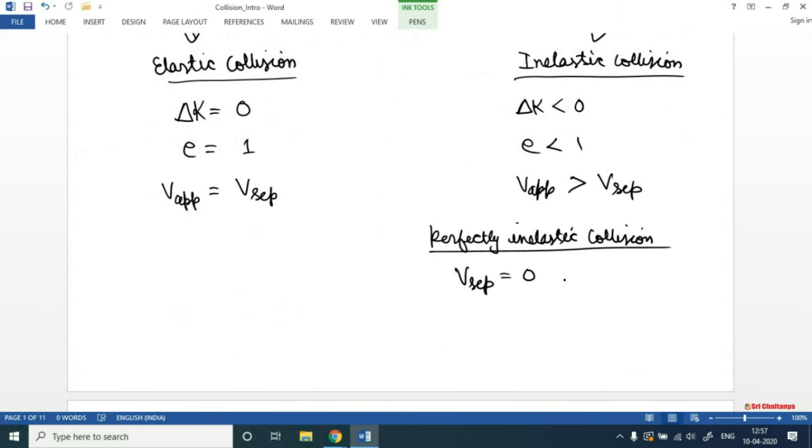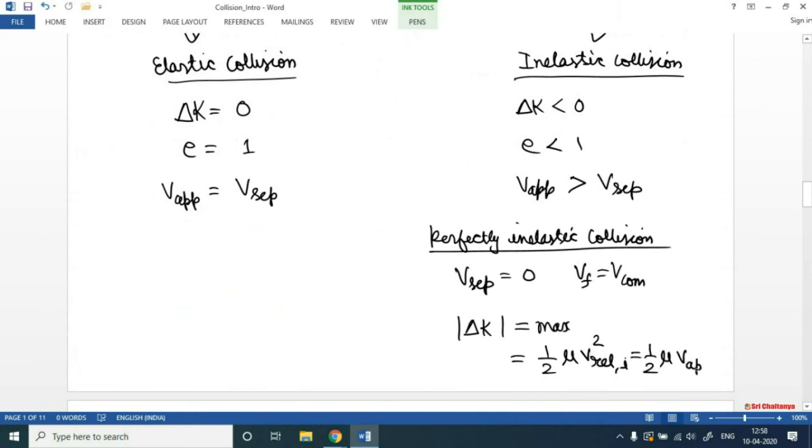So they will not be separating from each other after the collision. They will be moving with the same common velocity, and that final velocity will be the same as the velocity of center of mass. In that case the loss in kinetic energy would be maximum, and that would be simply equal to half mu v relative initial square, or you can say half mu velocity of approach square.